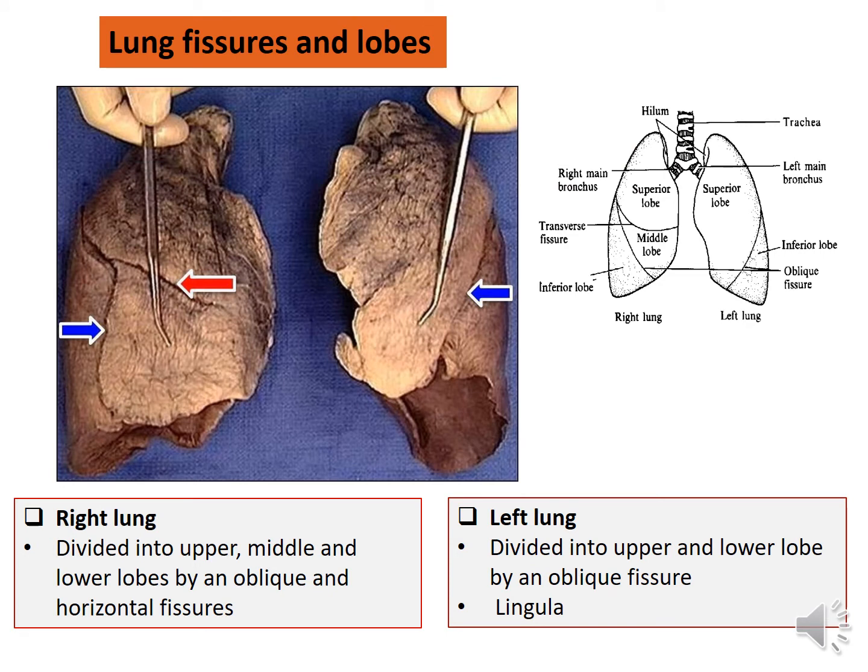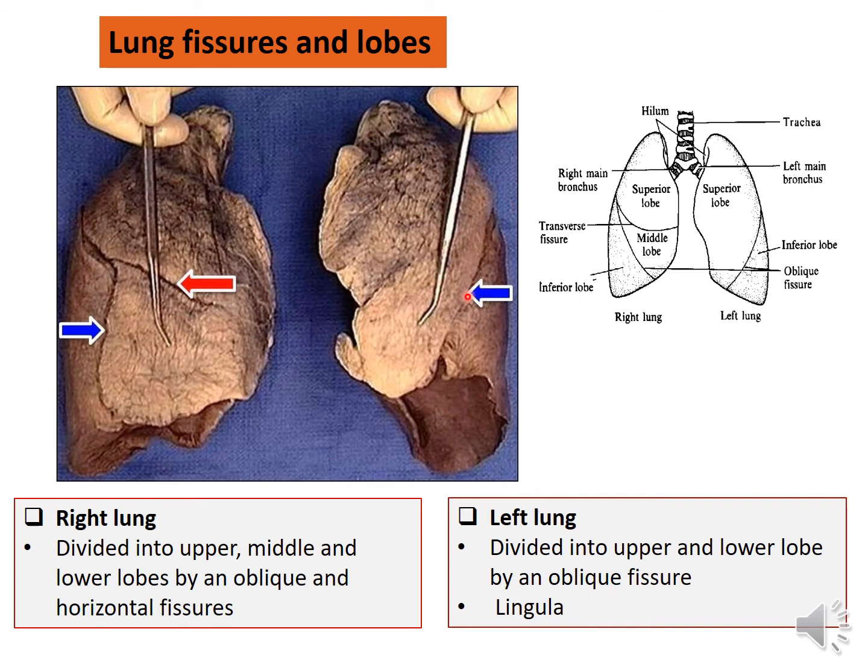Lung fissures and lobes, we discussed this already in the introduction to anatomy lecture. Here you can review it. The right lung presents an oblique fissure and a horizontal fissure, due to which the right lung is divided into three lobes: upper lobe, middle lobe and lower lobe.